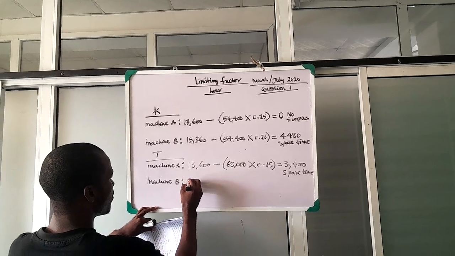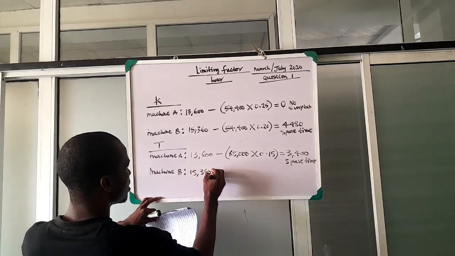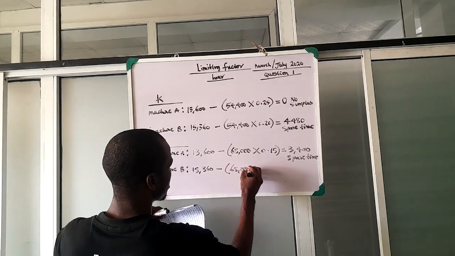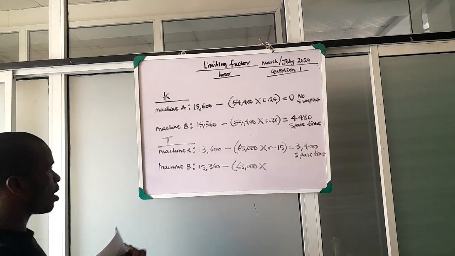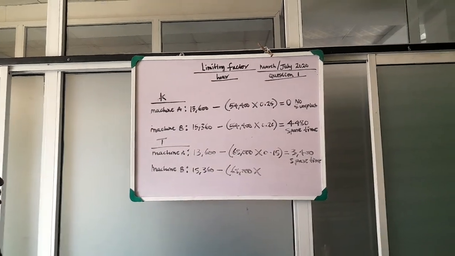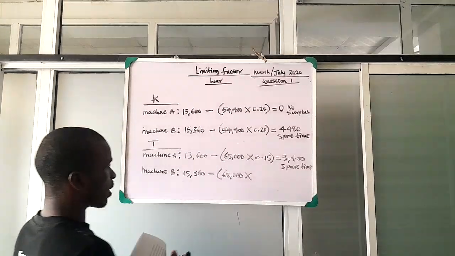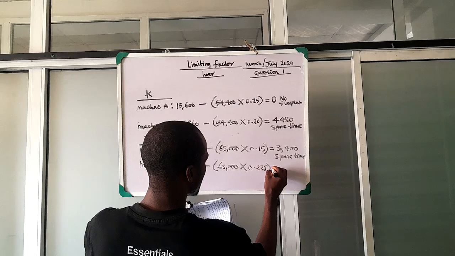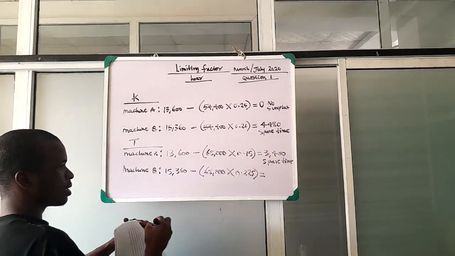Then here we have 15,360 minus what was used, 68,000. Under T for B, you have 0.225. This will give us 60.